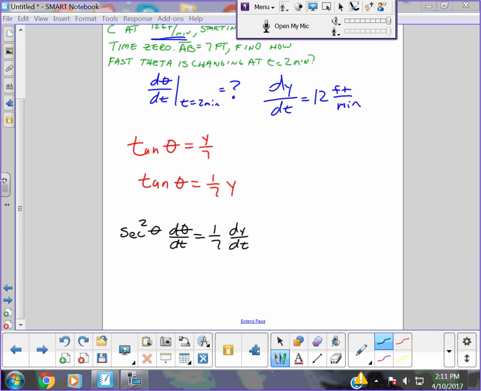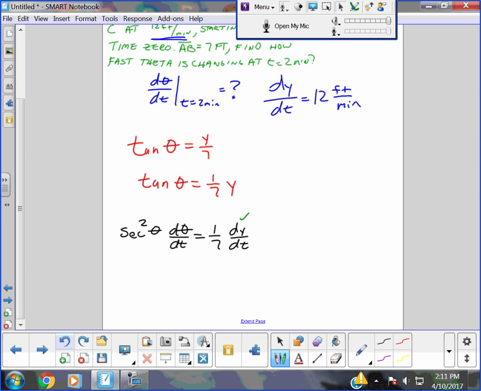What do I know? Well, I know 1/7. I know dy dt. I wrote it up over here. I'm looking for d theta dt. That's my unknown. And then the one that usually students just choke on, especially if there's no calculator section: secant squared theta.